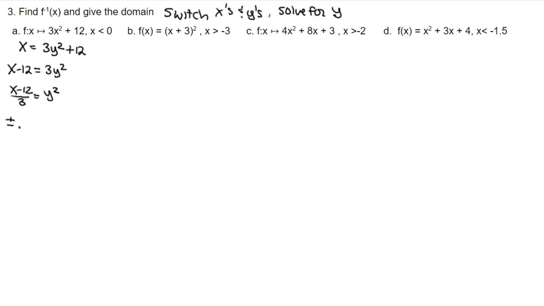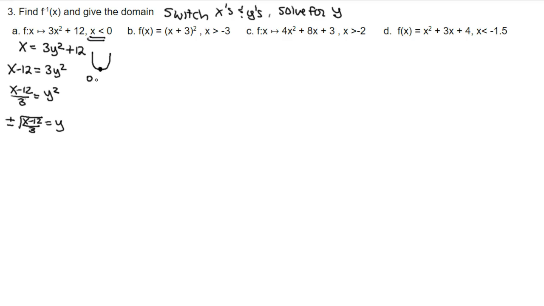And now I square root both sides and get plus or minus the square root of (x minus 12) over 3, and it's going to equal y. Now here's the deal. You'll notice they gave us a domain. It's x less than 0. So that means we didn't use the whole function, and there's a reason for that. Because this is a parabola, and if we do a quick sketch here, you'll know that the vertex is going to be (0, 12).